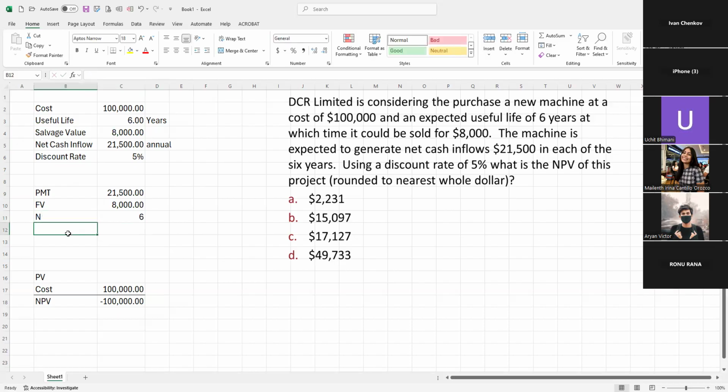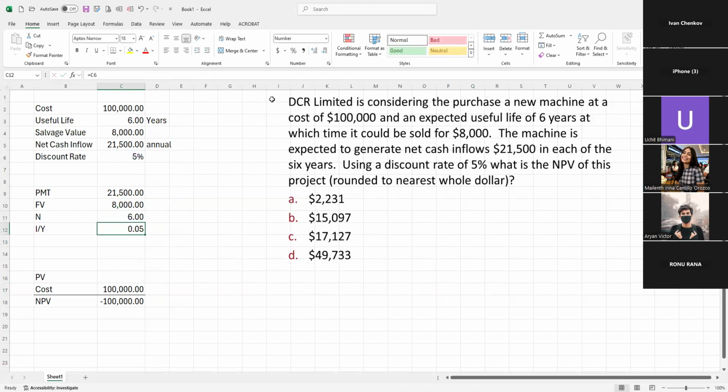And the last thing that we need is our discount rate. What will be the discount rate that we're going to discount all these numbers with in order to get the net present value? Our I/Y will be equal to 5%.